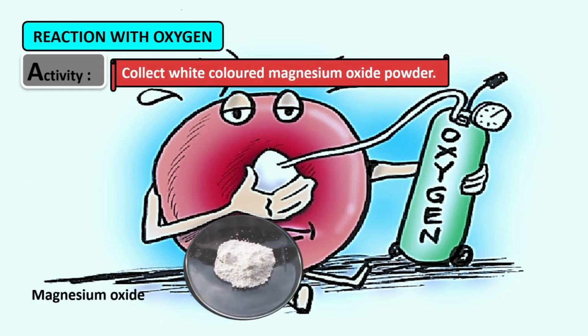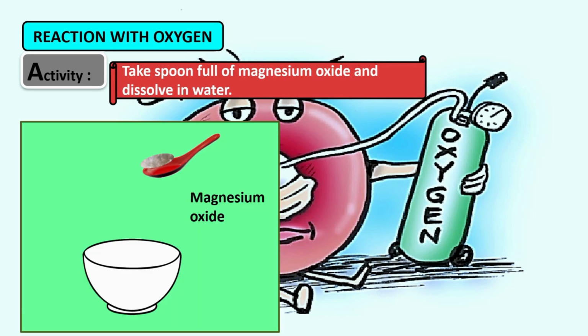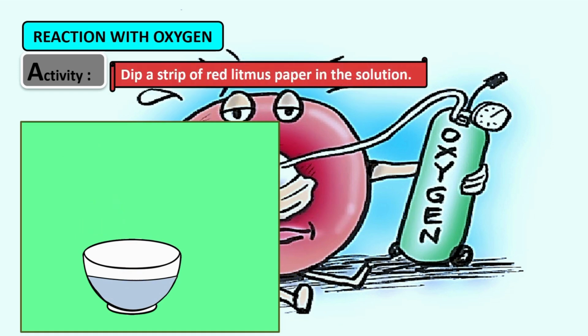Activity: collect white colored magnesium oxide powder. Take a spoonful of magnesium oxide and dissolve in water. Dip a strip of red litmus paper in the solution.